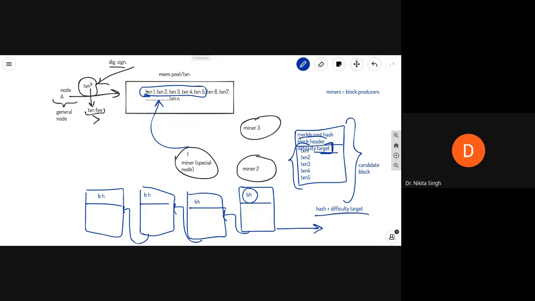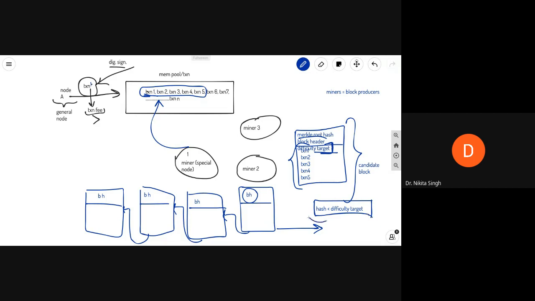So the reason that the Bitcoin protocol does this is the proof of work that you need to do. That is, you need to use your computational power to give a proof that you have done some amount of computational work in order to prove that the hash of your new block is less than the difficulty target.